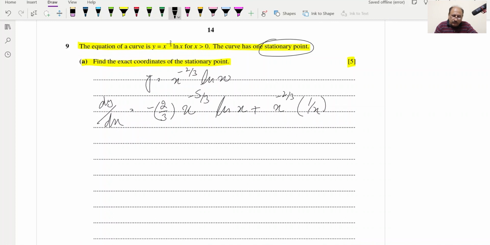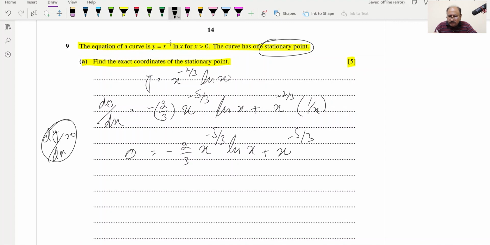We know for the stationary point dy over dx we put equal to 0, so 0 is equal to minus 2 over 3 x raised to minus 5 by 3 log x, and this one we can simplify as x raised to minus 5 by 3.